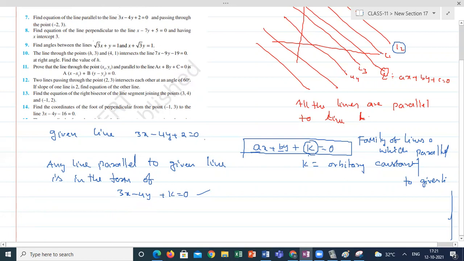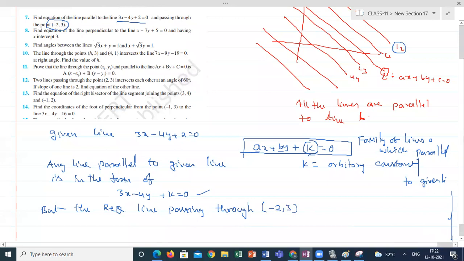So our aim is to calculate a particular line which is passing through minus 2, 3 and parallel to this one. We found all the line equations which are parallel to the given line. But the required line is passing through minus 2, 3.